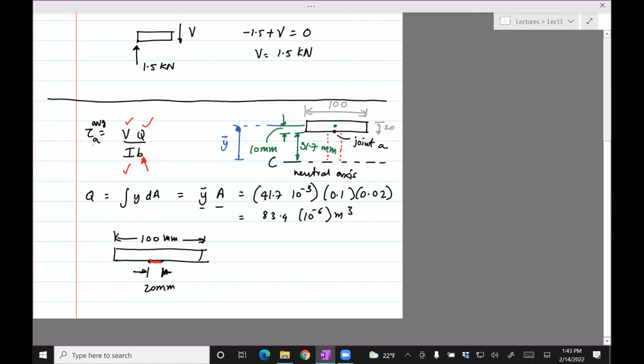Wherever the section is smaller, you see a higher stress being developed. So you want to put 20 mm, not 100 mm. So B is 20 mm. So we always choose the smaller value? Yes.